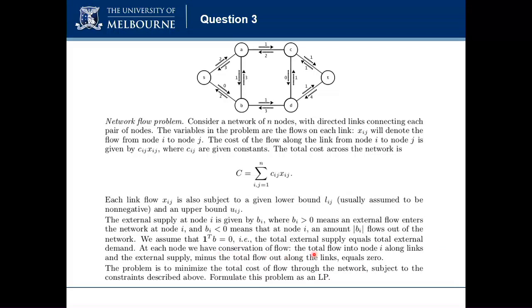Now this is the setup: it introduces the variables and so on. The problem is to minimize the total cost of flow through the network. This is our cost function, subject to the constraints described above. Formulate this problem as a linear program.